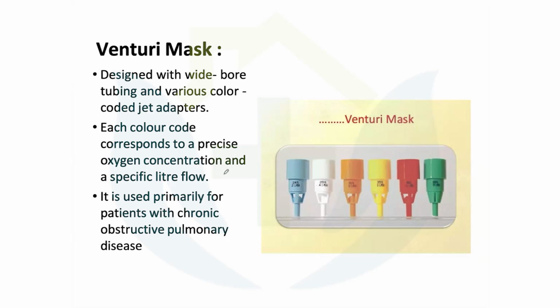When gas or liquid flows through a very small narrow place, it causes negative pressure at the bottom of the area, and this negative pressure sucks in normal air. So it causes dilution, and according to the diameter of the opening port, it gives the concentrated oxygen. So it can give you a fixed FiO2.